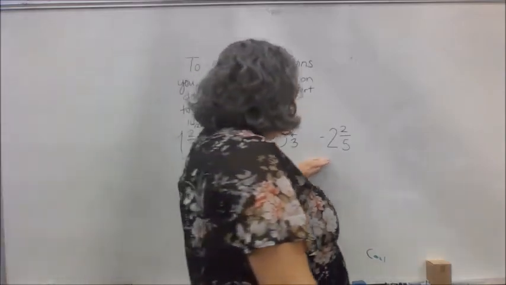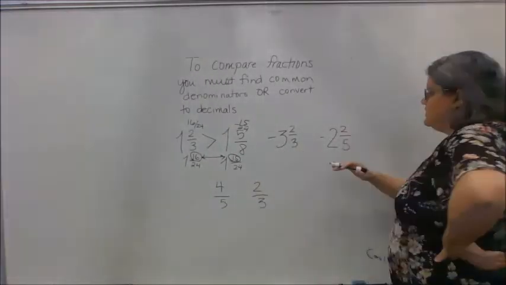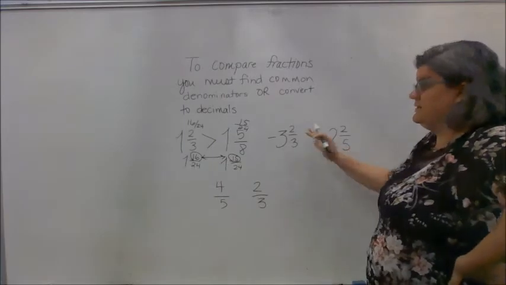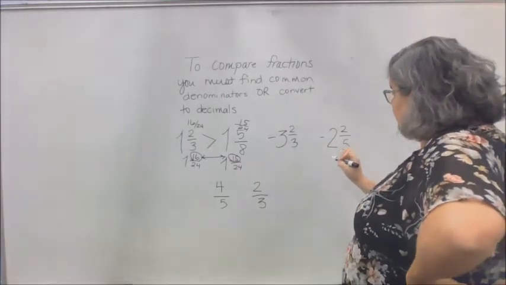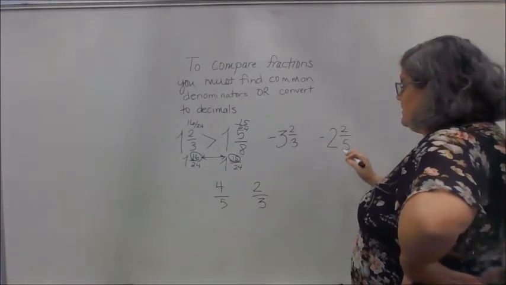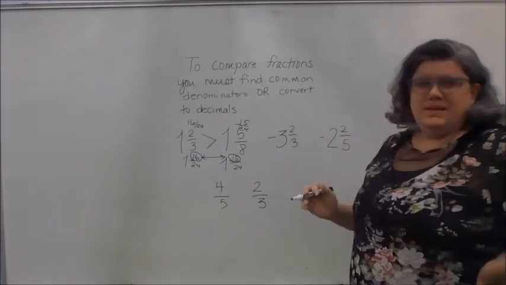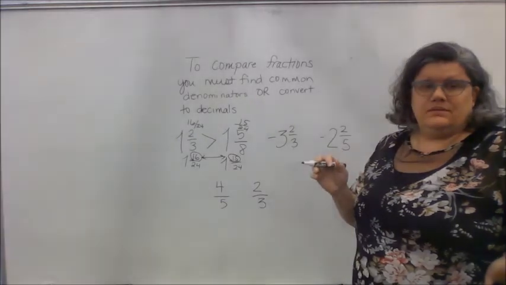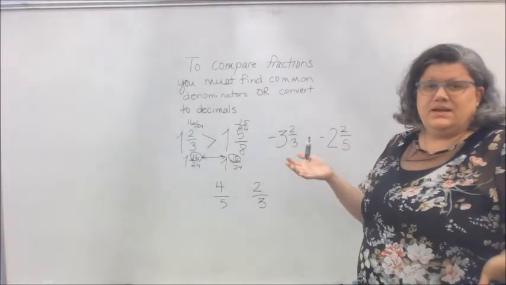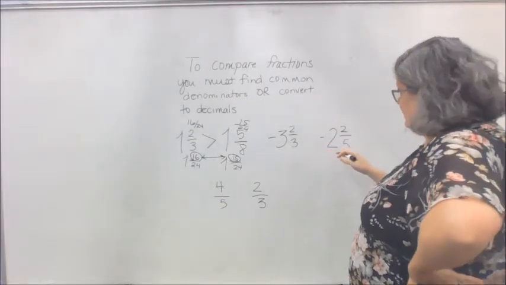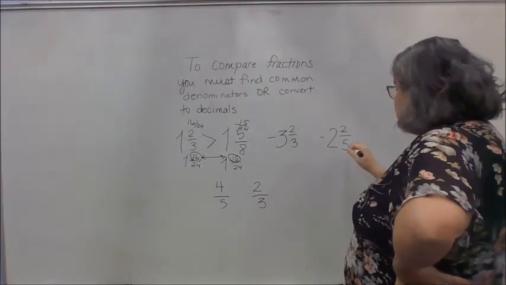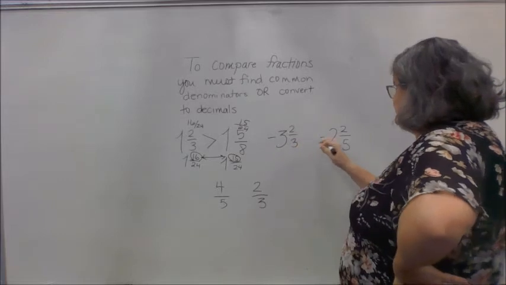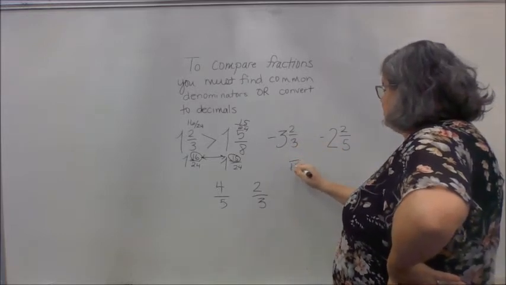Now for this one, you guys may already know which one's greater just because of comparing a negative to negatives. But let's go through the process again of finding common denominators. Again, don't worry about them being the least common denominator. It doesn't matter. So here I'm just going to do 3 times 5, and I'm going to get 15.